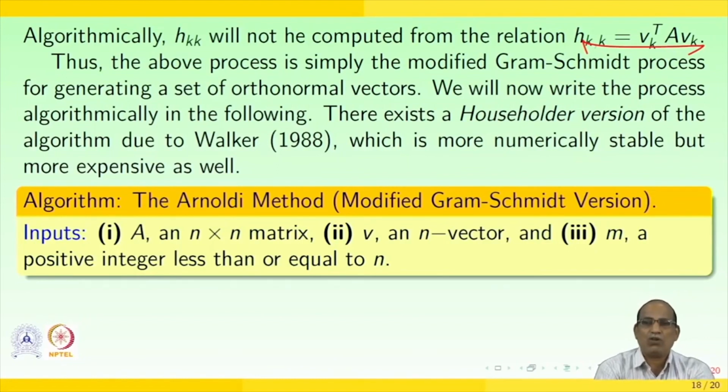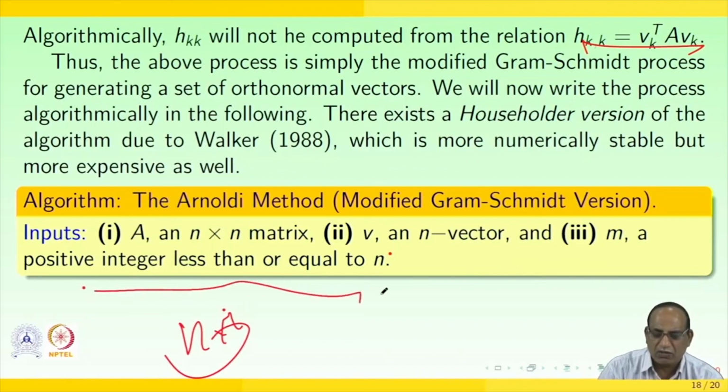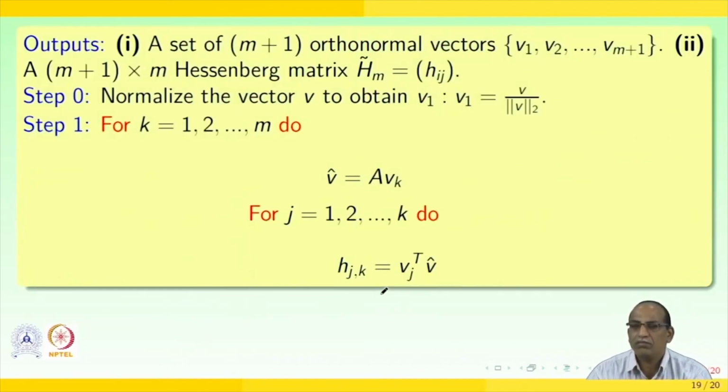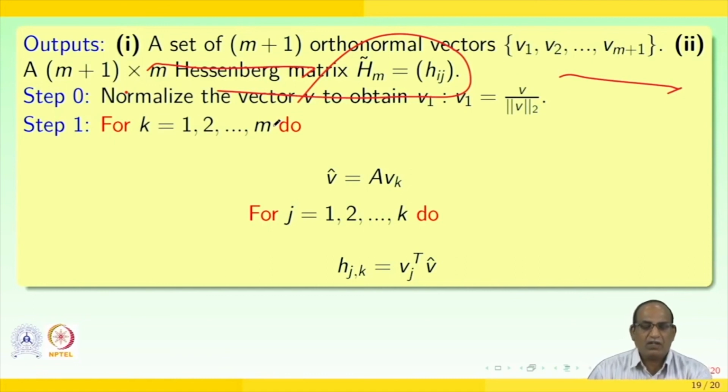There exists also a Householder version of the process. The Arnoldi method, modified, is as follows. Input: an n by n square matrix A, an n vector v, and a positive integer m less than or equal to n. Output: a set of m plus 1 orthogonal vectors v1, v2, ..., v_(m+1) and an (m+1) by m Hessenberg matrix H. Compute A v1, then normalize the vector to obtain v1, where v1 is the vector divided by its magnitude.